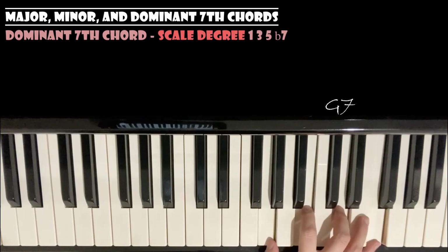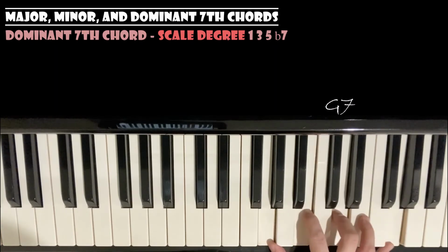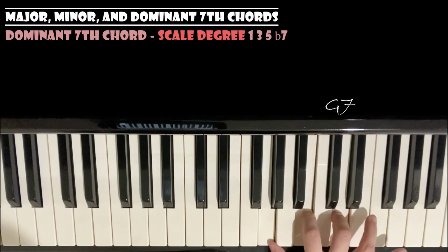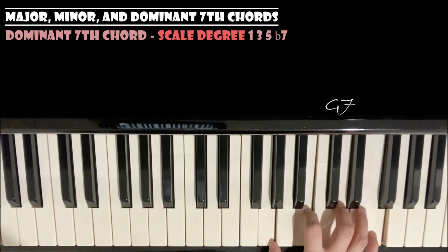it's easier to find the minor 7. The interval of the minor 7 here is to go to the root, which is the same as the 1st note here, and go a whole step down.